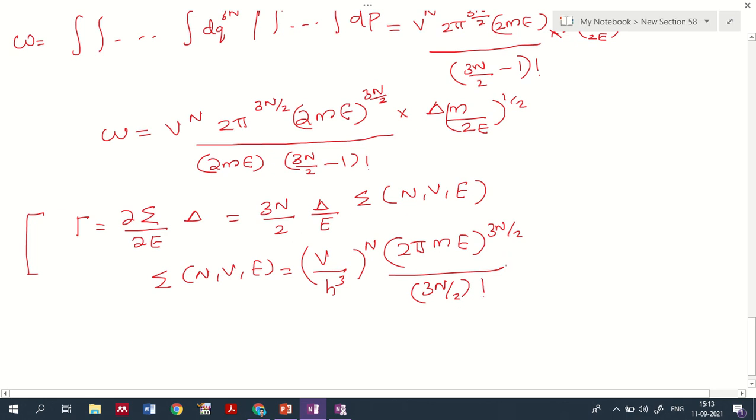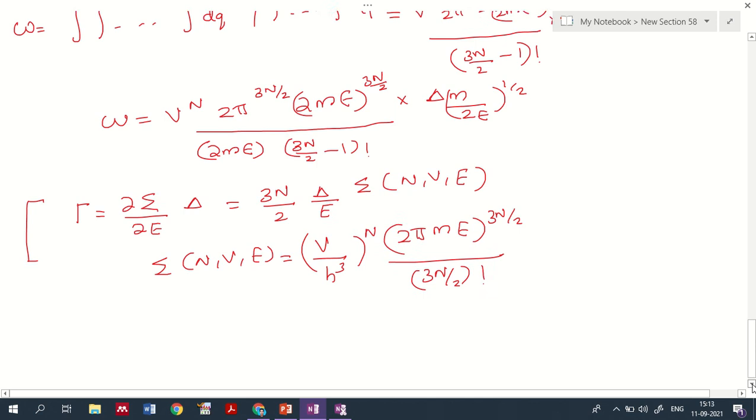These representations were already identified in our previous sessions, in the previous module. Now let me introduce this value, sigma nve, into the above expression. I can substitute it for gamma.